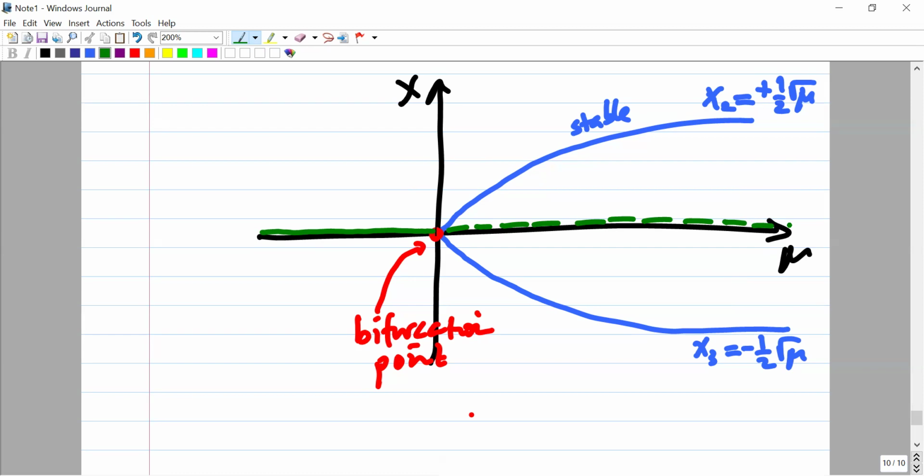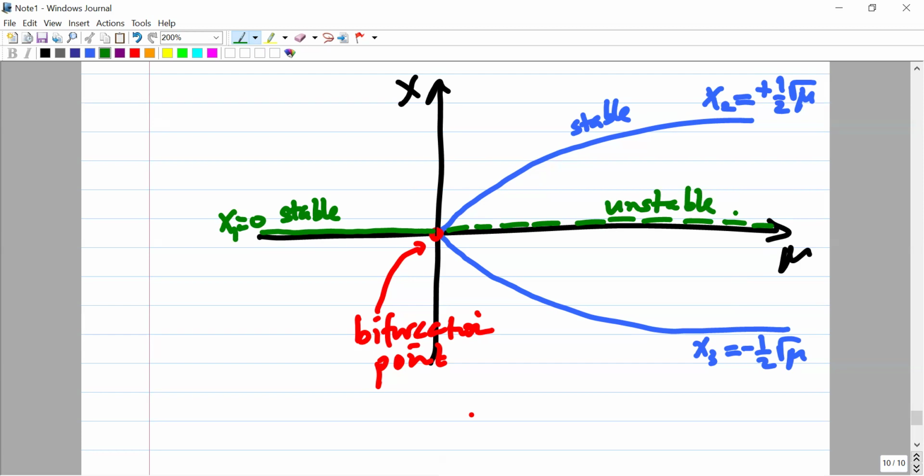So you can see that it's a fork. The bifurcation diagram is actually a fork. So that's why it's called a pitchfork bifurcation. So this is x1 equal to 0, stable and unstable here.